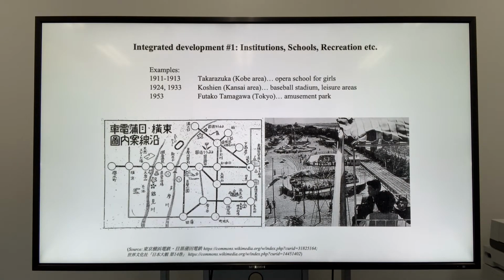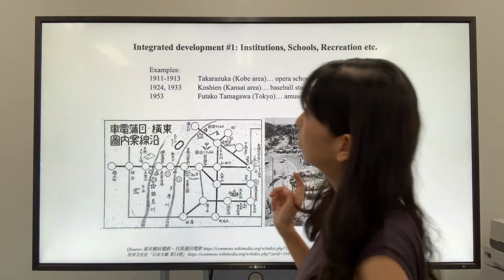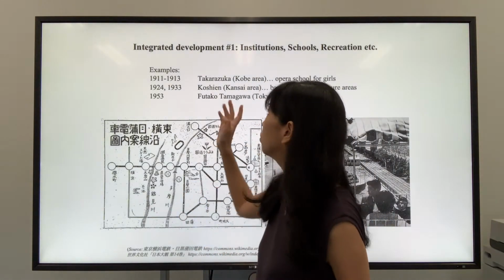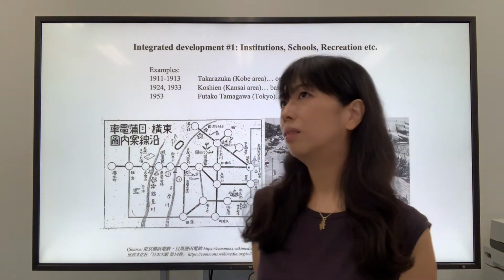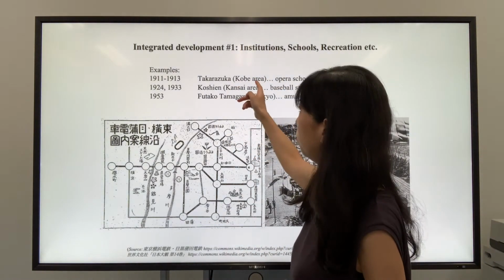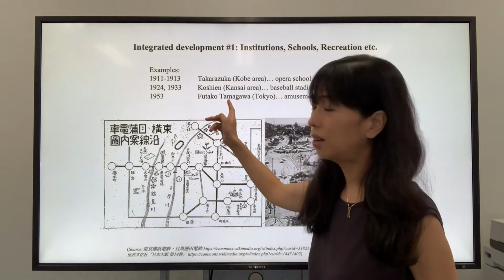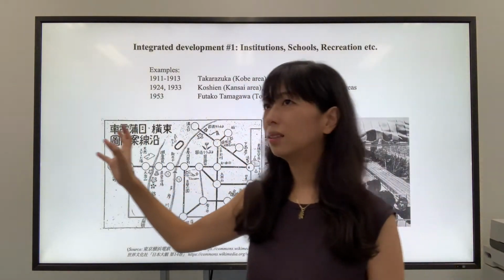Now I'm going to explain the first part of the integrated development, which is about institutions, schools, and recreation. What do I mean by this? Here I have introduced three examples. The first one is in the Kobe area, and the second one is in the Kansai area. These two are not Tokyo.